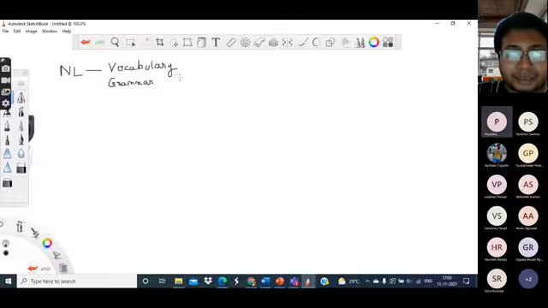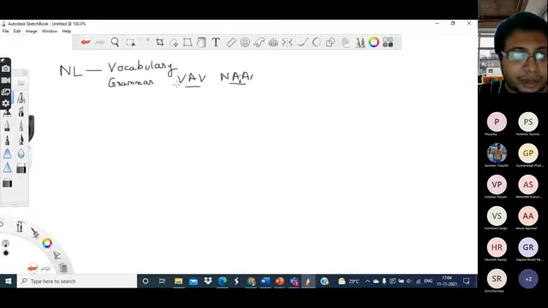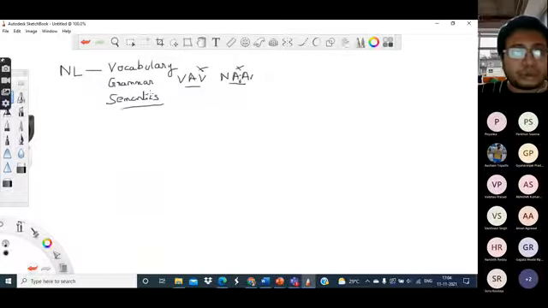For example, a sequence like verb, adjective, verb, or maybe noun, adjective, adverb, are probably not acceptable sequences. So the grammar specifies which sequences of parts of speech are acceptable and which are not. And the third building block is the semantics, which is related to the meanings of the different words.